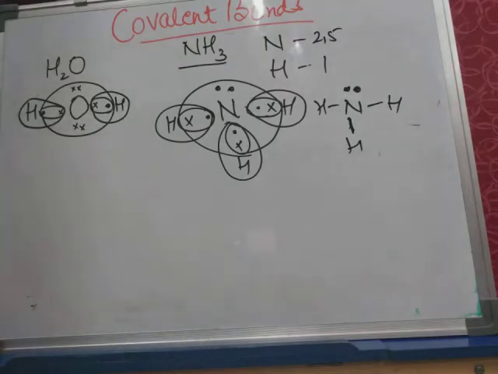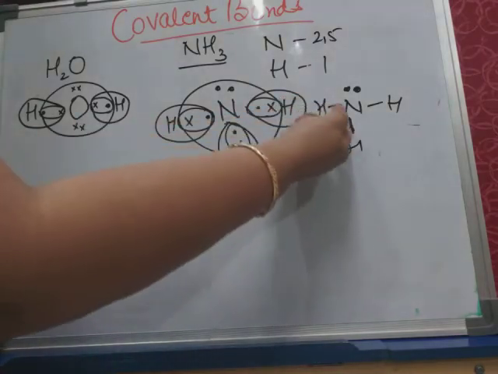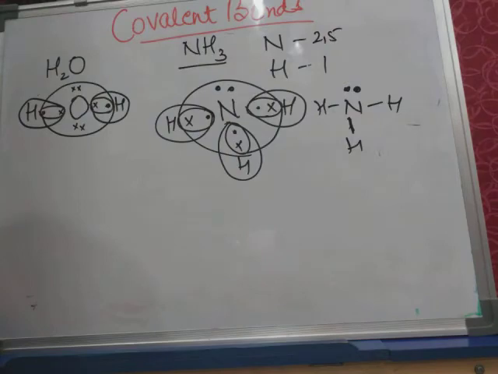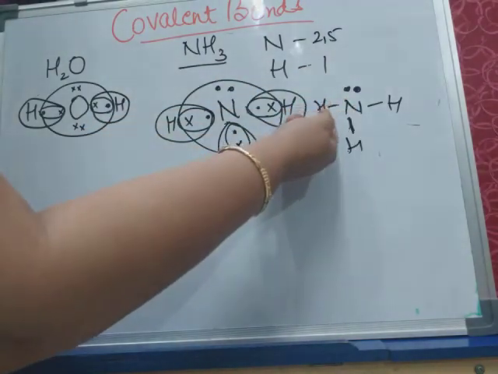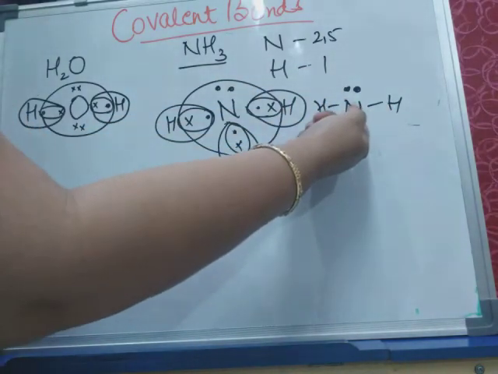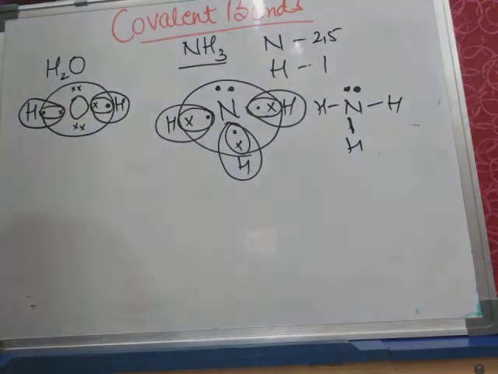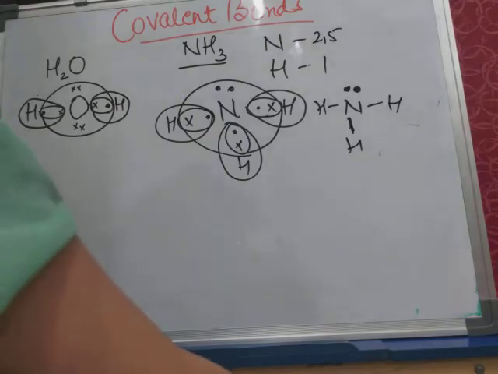So here, if you see, in total 3 covalent bonds are present in this compound, and all these 3 are between nitrogen and the 3 hydrogens present over here. So this was about the structure of ammonia, and now we'll study the structure of carbon tetrachloride.